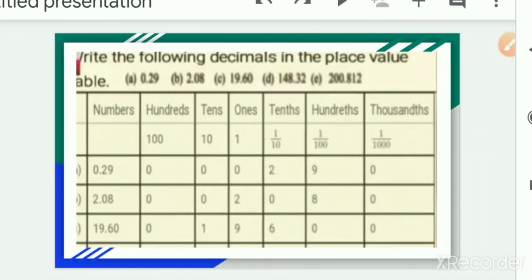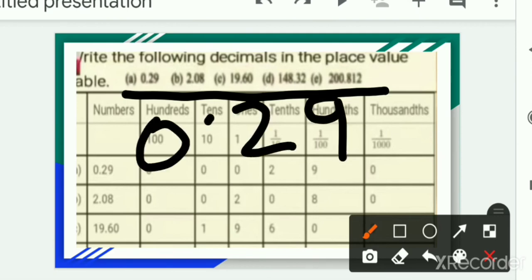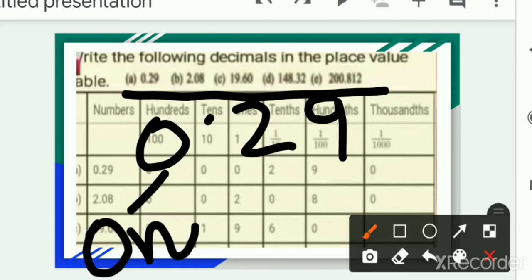Now we have the next question. We have to represent these numbers in the place value table. Write the following decimals in the place value table. It is given 0.09. Okay, so which place is this? This is the ones place.